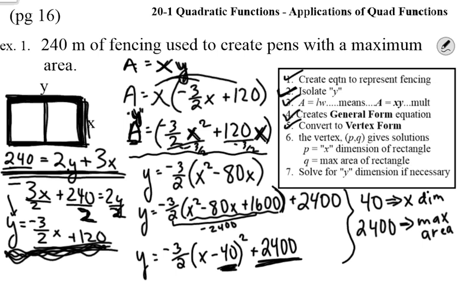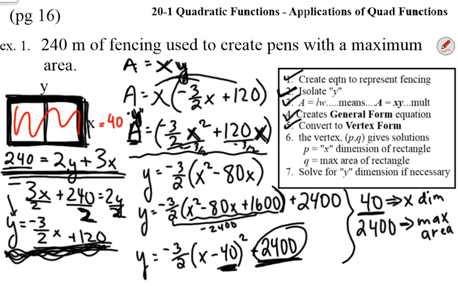So the maximum area of the pen is 2,400 meters when x is a dimension of 40. But make sure you finish it off. We've now solved for the maximum area, which is 2,400. We've solved x to be 40.